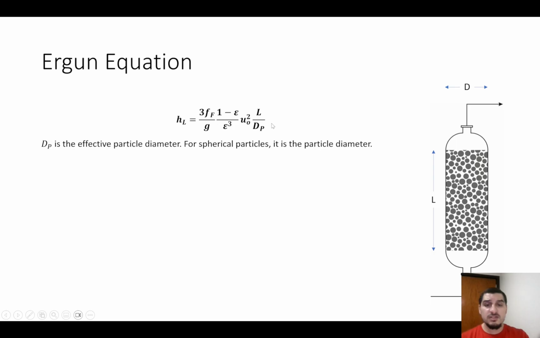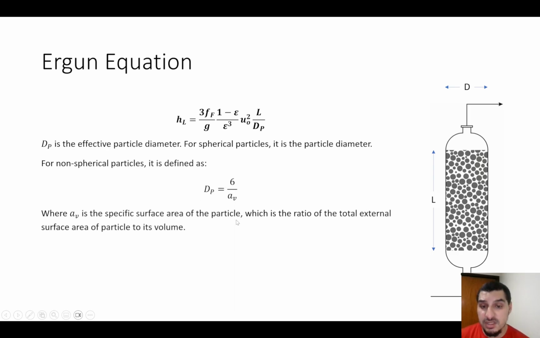So if we have spherical particles, then the particle diameter is the diameter of a sphere. But as we said before, there are a lot of different shapes, and none of them is spherical. So if we have a non-spherical shape, we use what we call the effective particle diameter, which is 6 over AV, and AV is the specific surface area of the particle, which is the total external surface area of a particle to its volume.